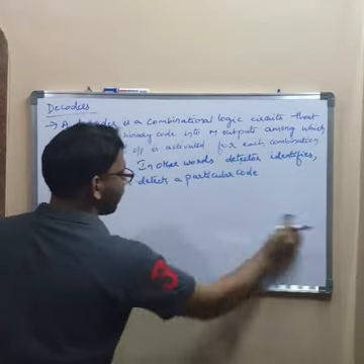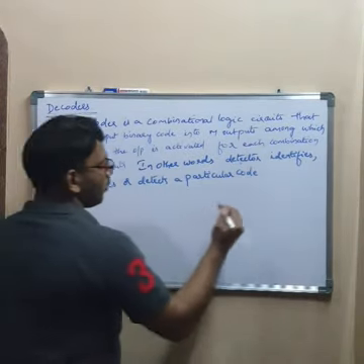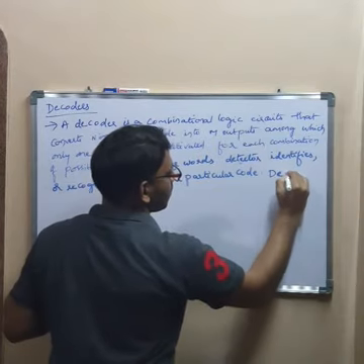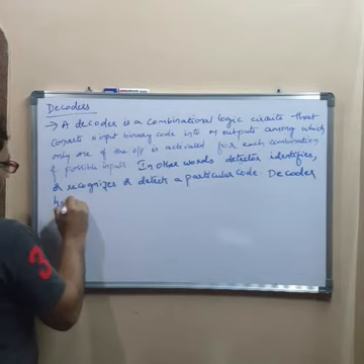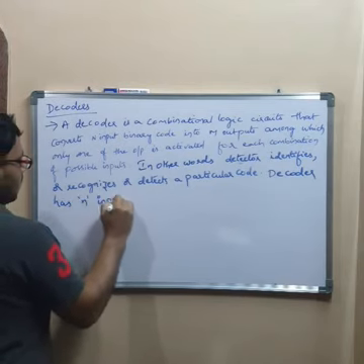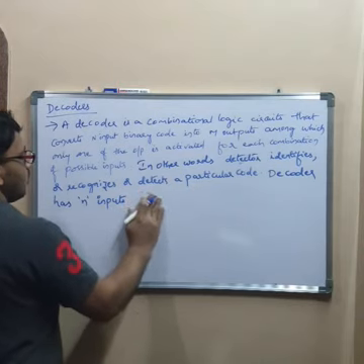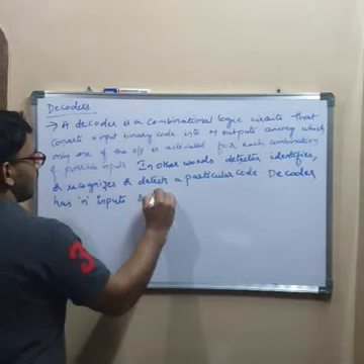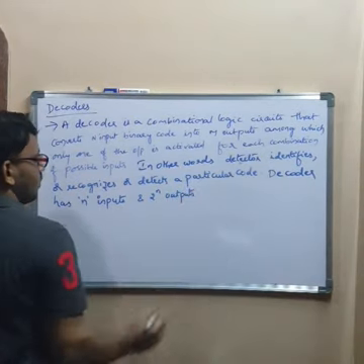Generally a decoder has n inputs and 2 power n outputs.